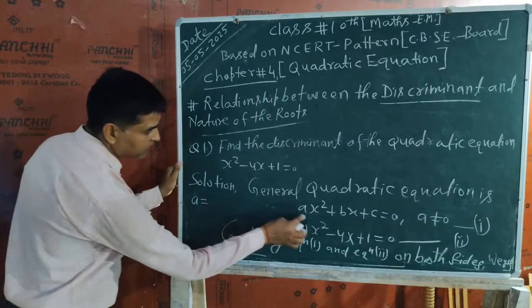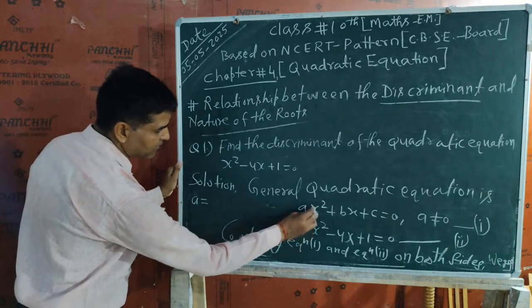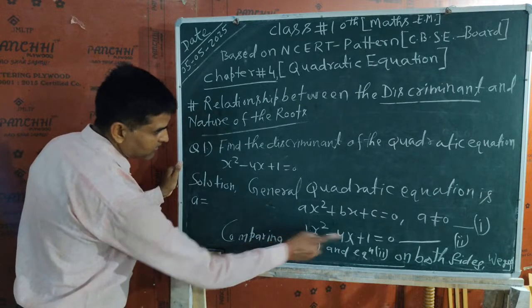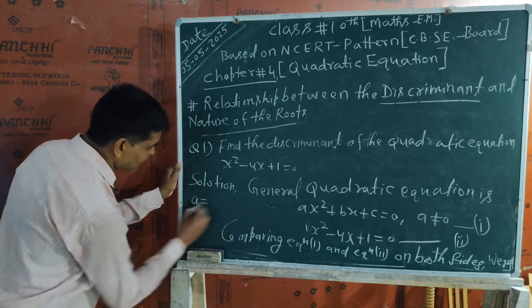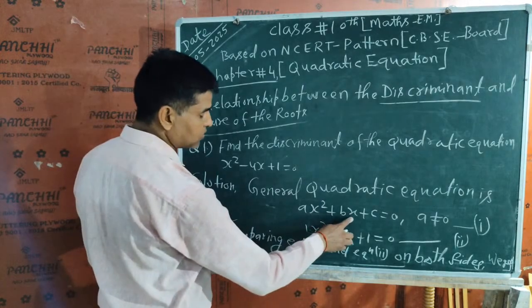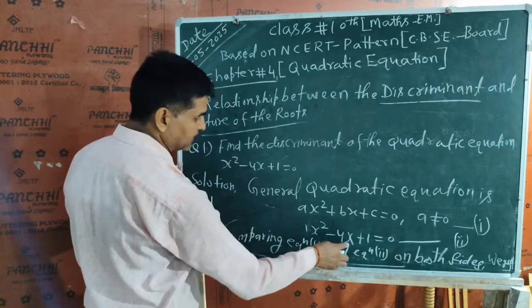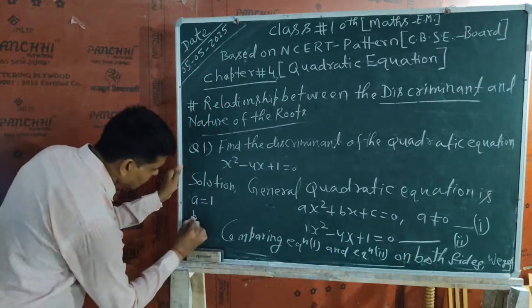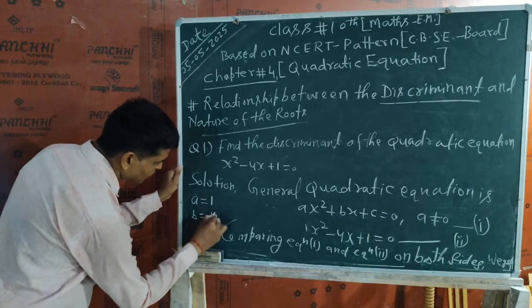In the first equation the coefficient of x square is a, and in the second equation the coefficient of x square is 1. So a is equal to 1. In the first equation the coefficient of x is b, and in the second equation it is minus 4. So b is equal to minus 4.